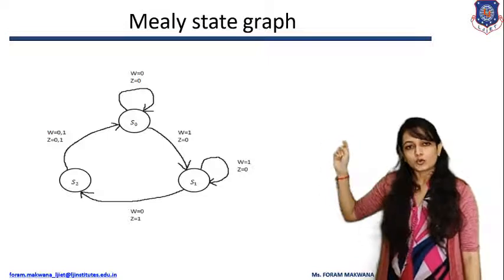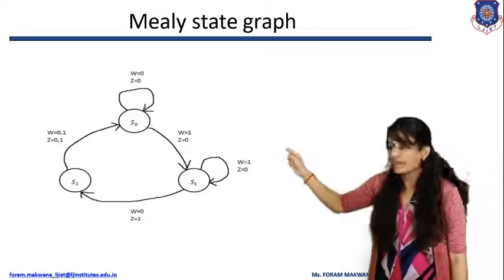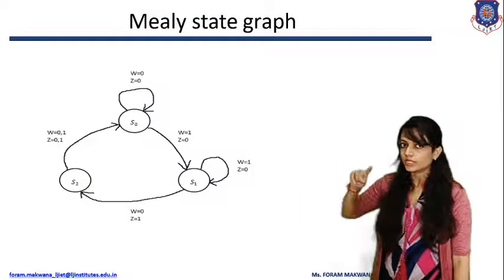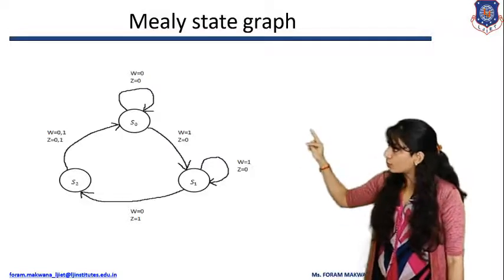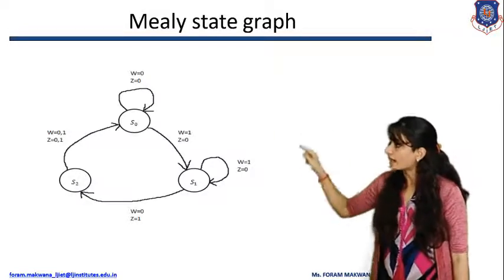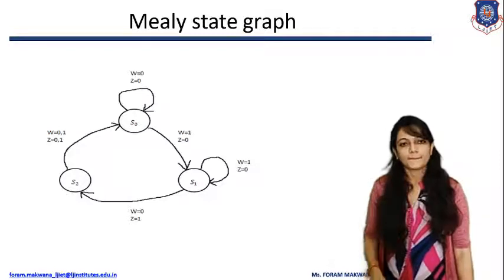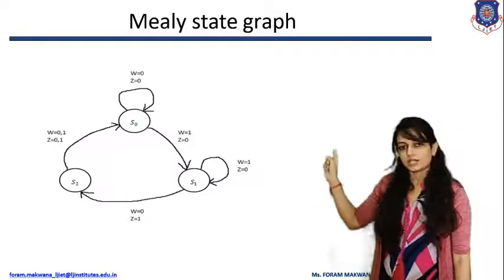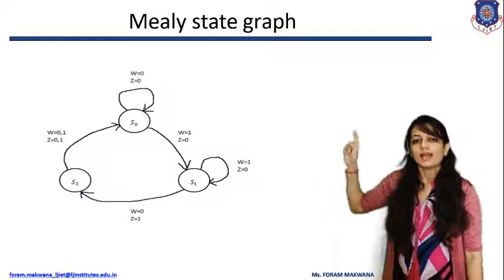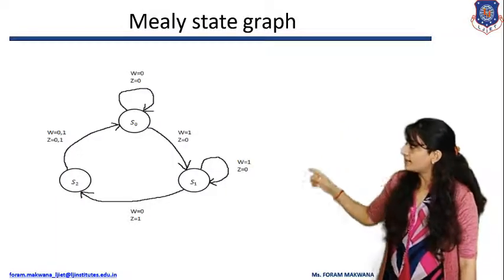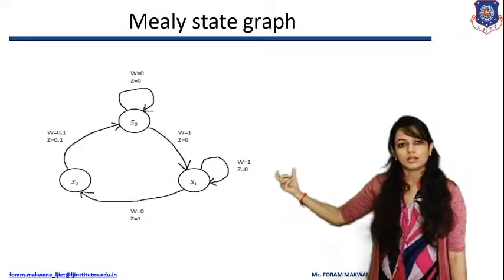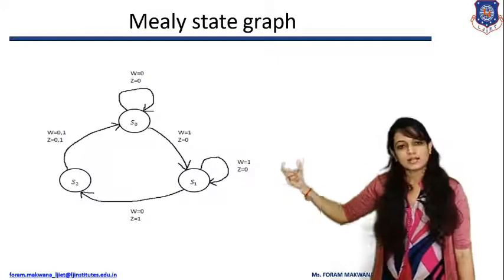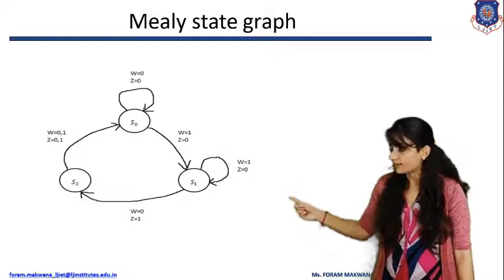Outputs and inputs are inside the circle in Moore, and in the Mealy, outputs and inputs are both outside the circle. See over here, you can see that W is equal to 0, Z is equal to 0. What does it mean? My output and the inputs are written outside the circle. So what is in the circle? In the circle there is only the present state.